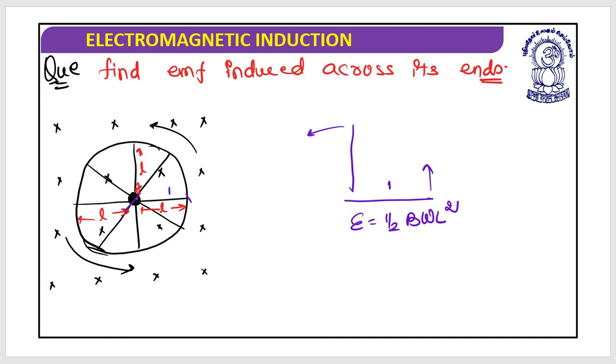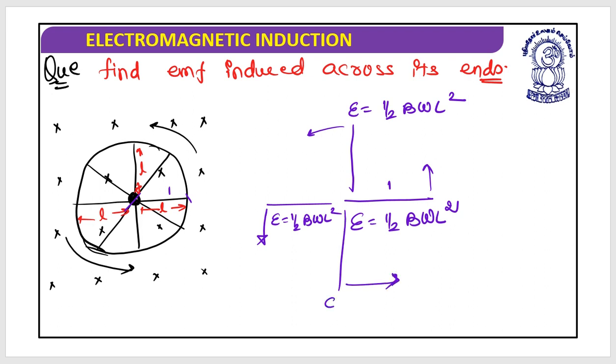EMF of this is 1 by 2 B omega L square. Same way, for this rod moving in this direction, its EMF is again half B omega L square. Let's consider this rod, even this is moving in this direction. Again E is equal to half B omega L square. I hope this is clear.